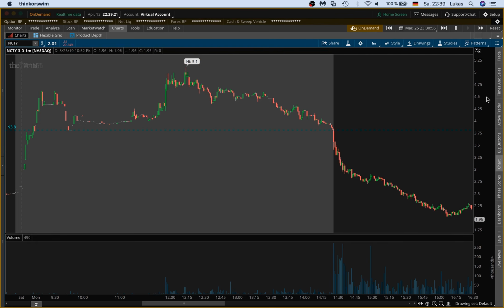Now let's look at one example, and we'll talk about exactly how I would trade it. For the example, we're going to talk about NCTY. It moved from $2.5 to $5 in the pre-market, and put in this low right here, right around the 380-ish region.